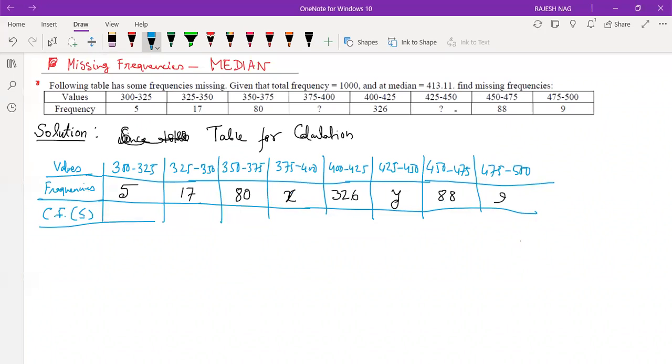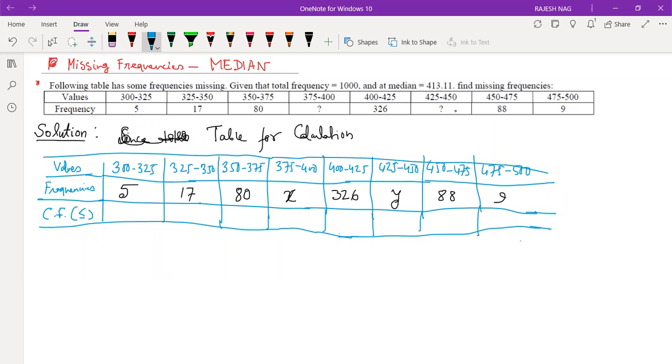And the corresponding CF will be: at the beginning we write 5, then 5 plus 17 is 22, then 22 plus 80 is 102, 102 plus x.